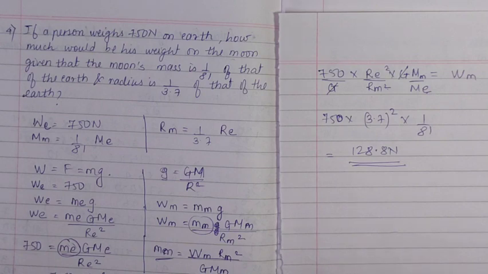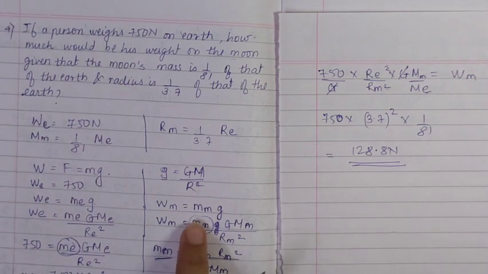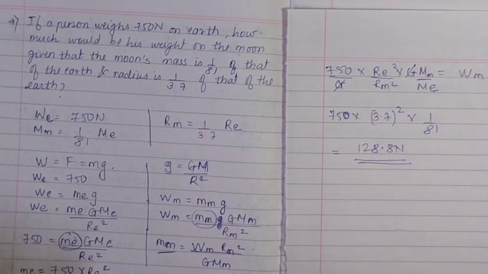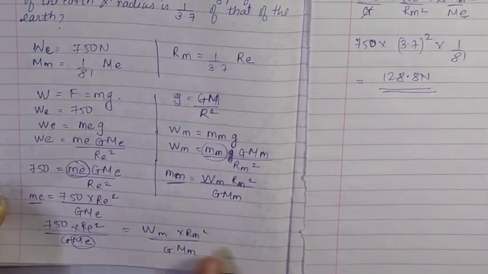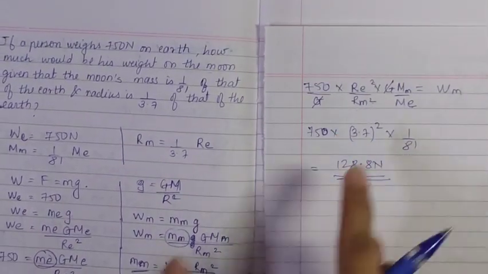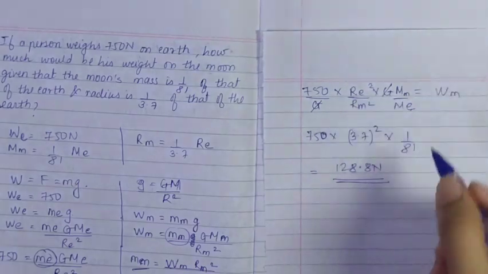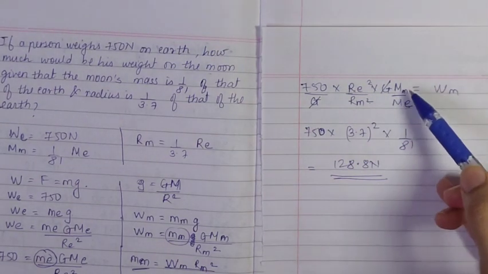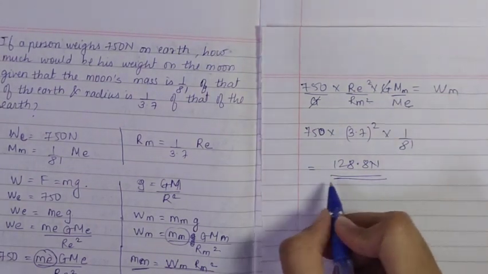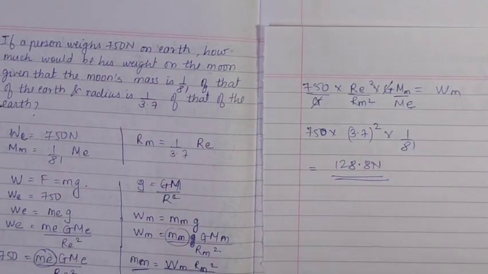Why? Because my Mm and Me are both same. Masses are same anywhere. So I equate both of them, and after equating these two, I get this equation, and then I'll just substitute my Re upon Rm square and Me upon Mm, which will lead to my answer 128.8.